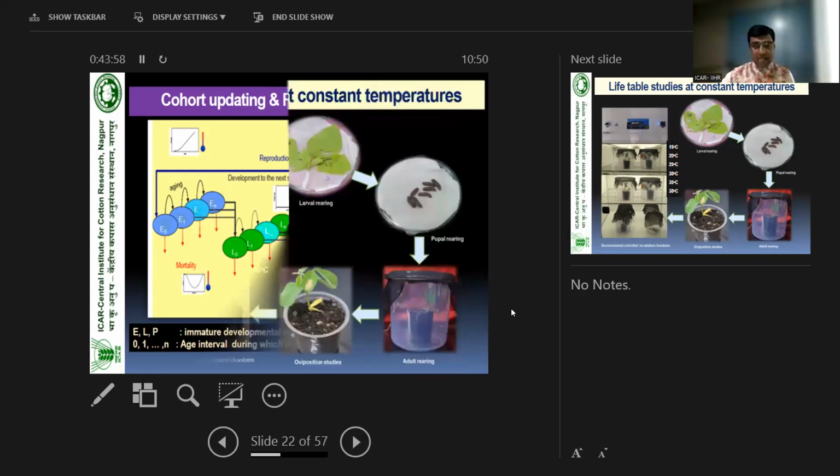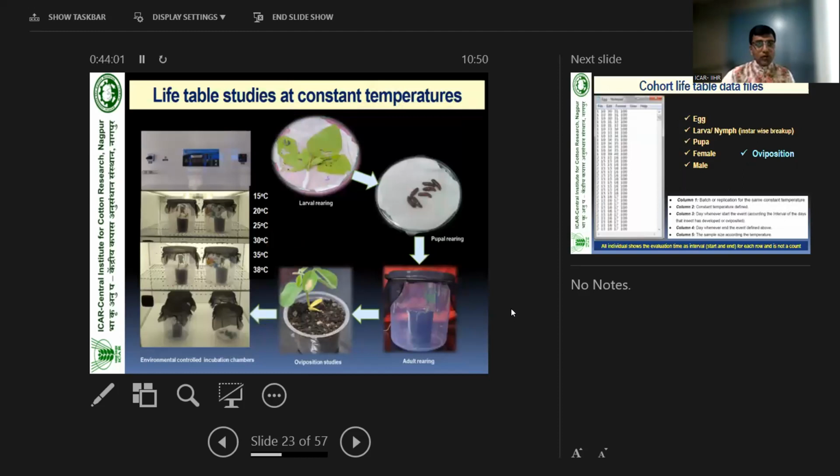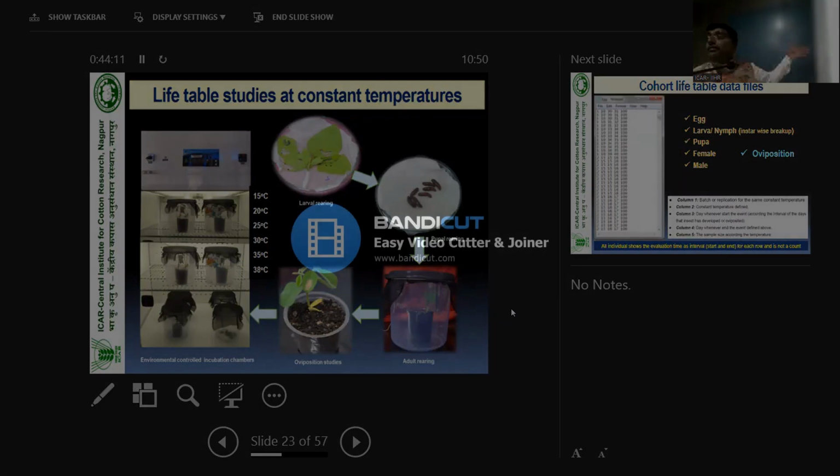Now, whatever you have asked, this is the slide. This is the programmable incubator, not a simple BOD or temperature chamber. Here, besides temperature, you have relative humidity and a light regulation facility. They won't grow otherwise.